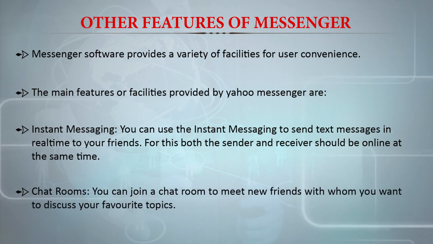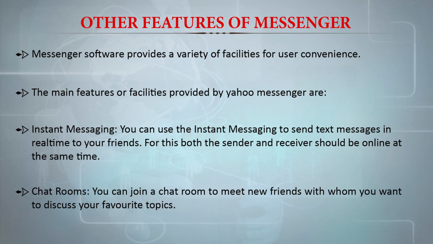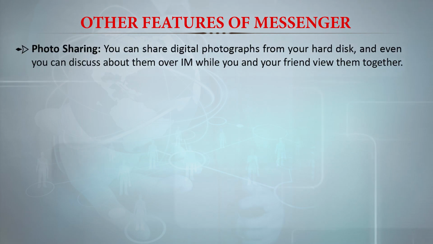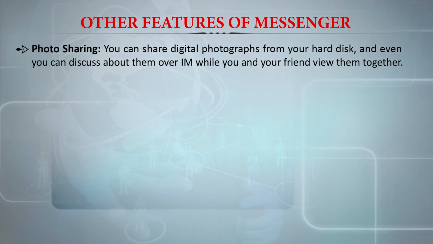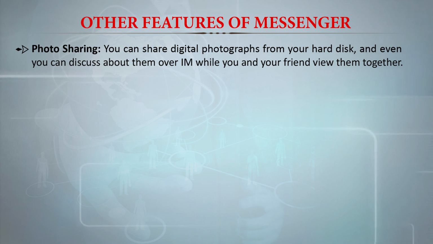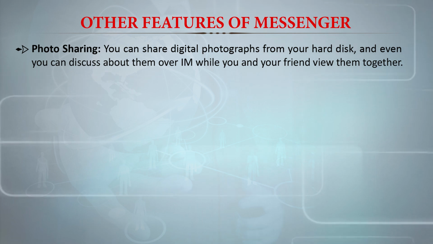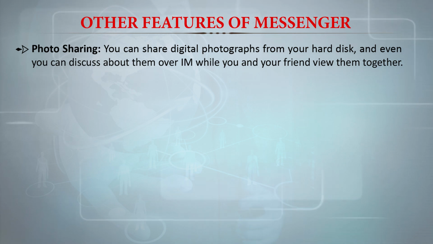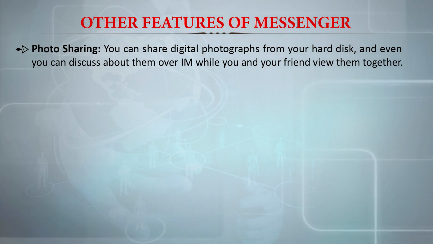Here we can join a chat room to meet new friends with whom we want to discuss our favorite topics. Then photo sharing. We can share digital photographs from the hard disk and even discuss them over instant messenger while we and our friends view them together.